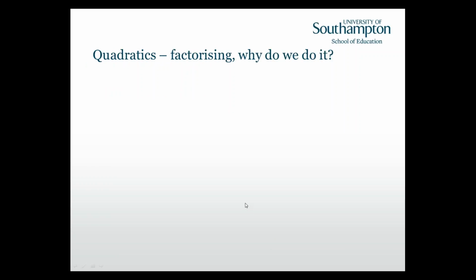So yes, why do we factorise? So factorising is when we basically find the factors of the quadratic, which entails putting them back into two brackets. Why do we do that? To find the values of x when y is 0, isn't it?